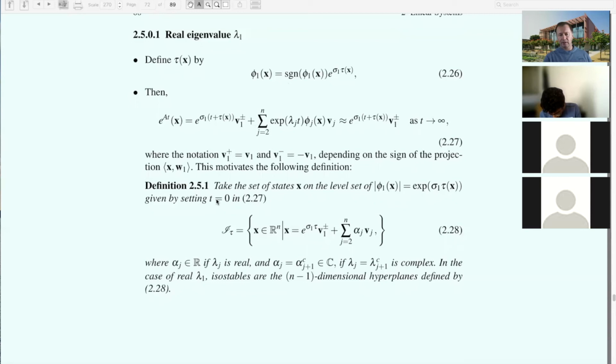You obtain that set of states by setting t equal to 0 here. So those states are defined as x equal to e^(σ1 τ) v1, so they're utilizing the direction of the slow eigenvector, plus the sum over j equal to 2 to n of α_j v_j, where the α_j are arbitrary.